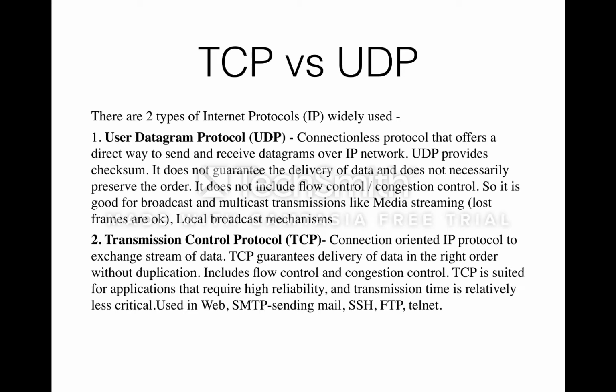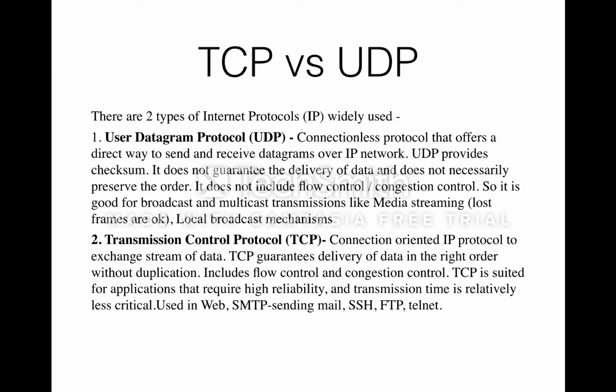So, UDP is suitable for applications that need fast, efficient transmission of data, such as games and media streaming. Also, the order of data is not maintained. So if any application using UDP needs to maintain this order, it has to do it by itself.